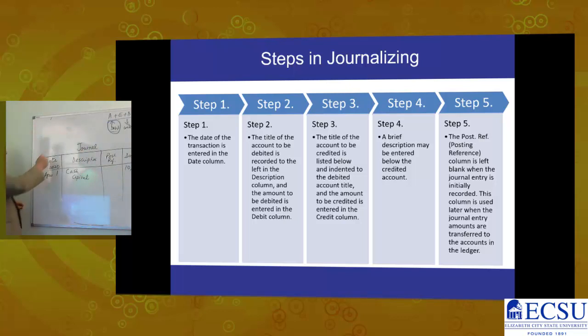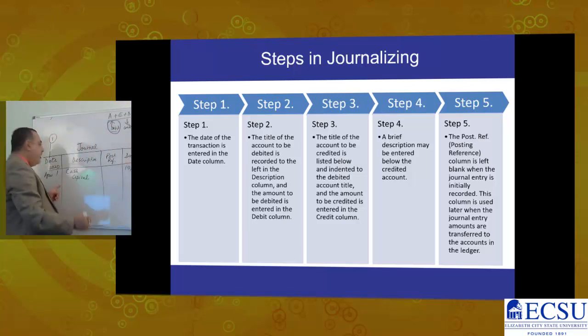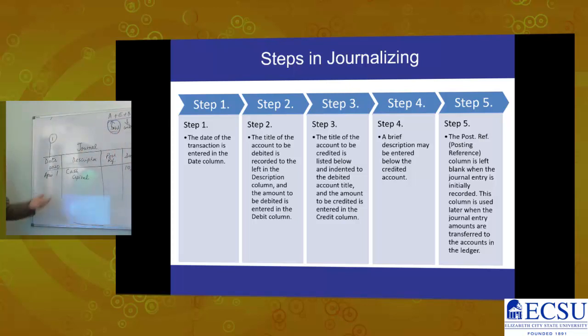So this was your step number one. Step number two was this one. And step number three was this one, that is, you had a credit account. Then we do a brief description here. That is your step number four. That is, let's say, owner's contribution to start the business.